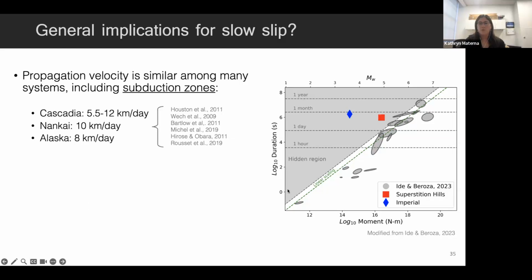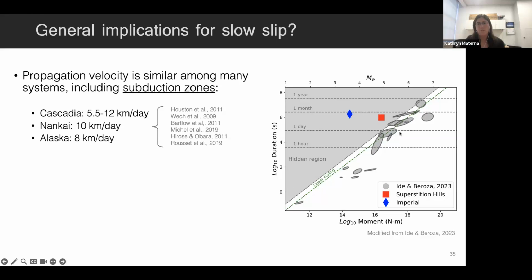suggested a new interpretation of the fact that many of the slow slip events and low frequency earthquakes and tremor sources, many of the family of slow earthquakes, plot on this presumably linear line between moment and duration.